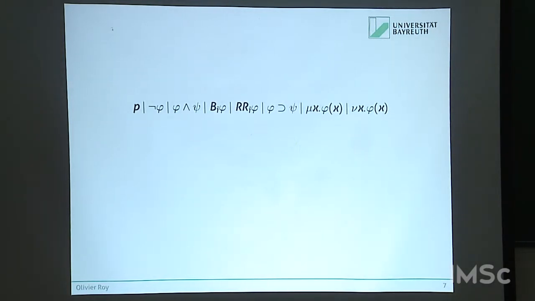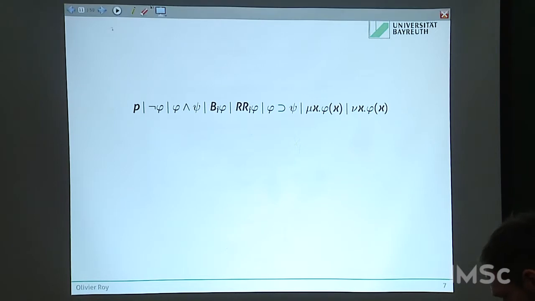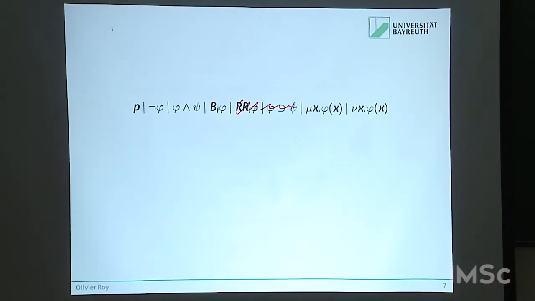So this is our clumsy, terrible language that we use in the paper, but now we're going to forget about this part here. And just think of the mu calculus as a propositional language with some modal operator. In this case, it's a belief operator, for reasons that are in the paper.